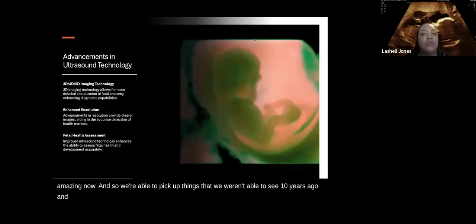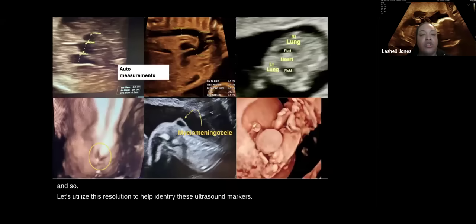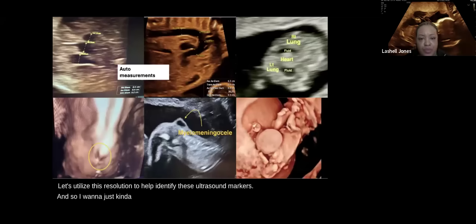Let's utilize this resolution to help identify these ultrasound markers. I want to briefly show some things that you're now able to do on your machines to help in recognizing these markers.